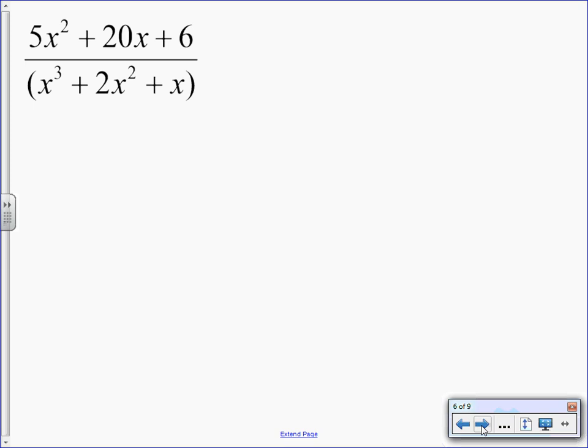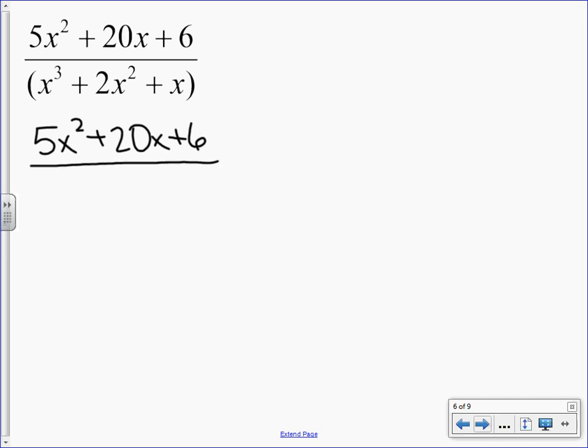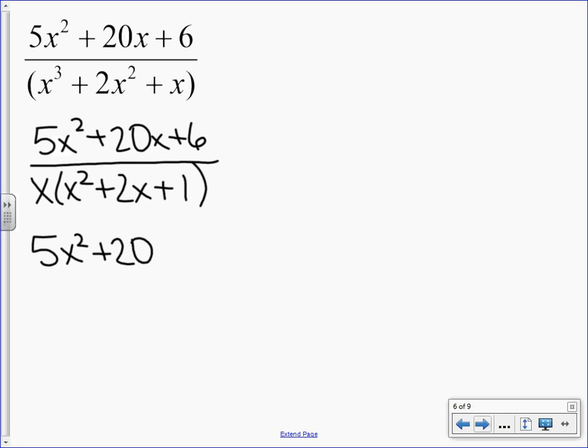So first, we would need to take out an x. Then what? So we have x times x plus 1 squared.